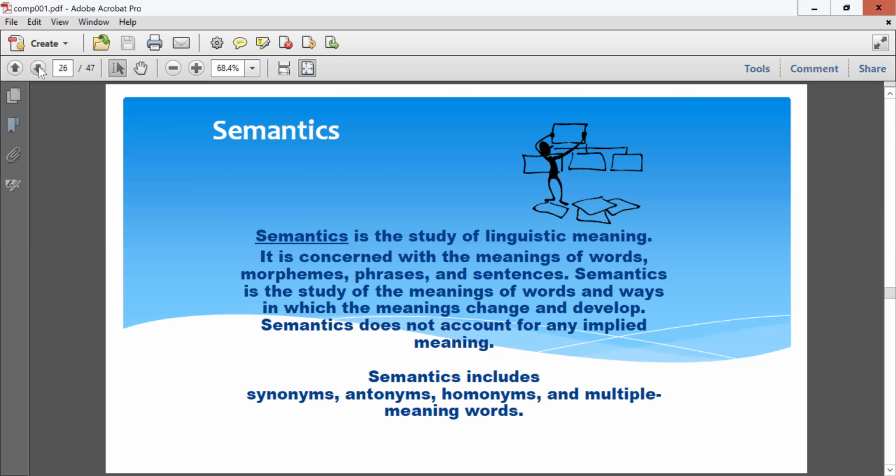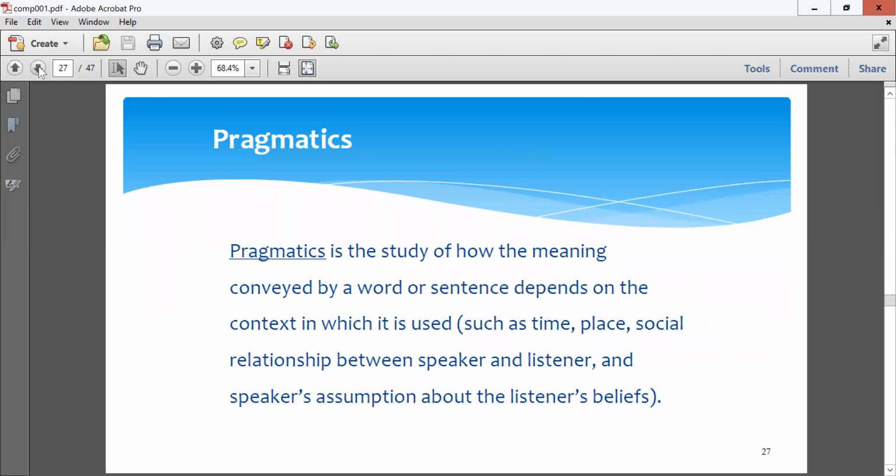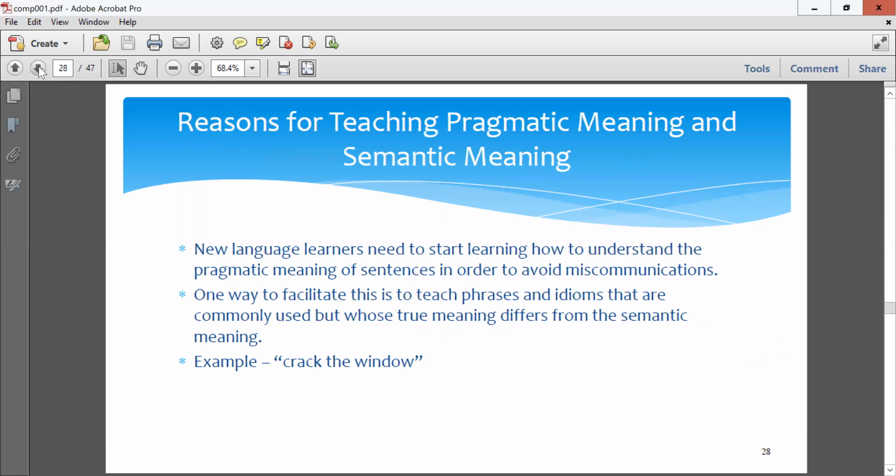Semantics can include synonyms, antonyms, homonyms, and multiple meaning words. Pragmatics is also the meaning conveyed by a word depending on the context it's used. Okay, and this can be time, place, social relationship, and so forth.